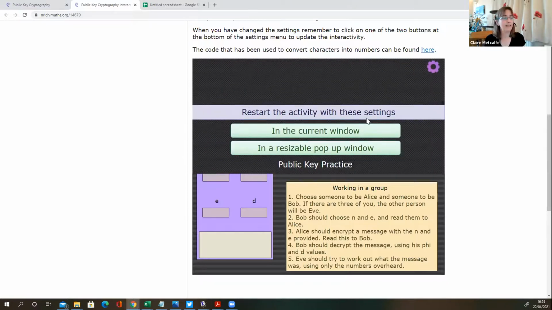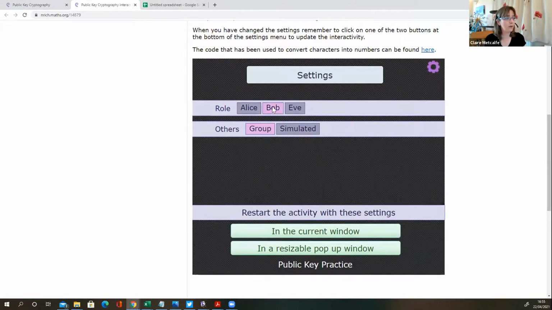You can also play it in a 1-player mode. So if we assume that we want to play, we'll go with Alice. There's not actually a lot to do with Alice. Alice simulated means the computer is going to play the role of Bob.